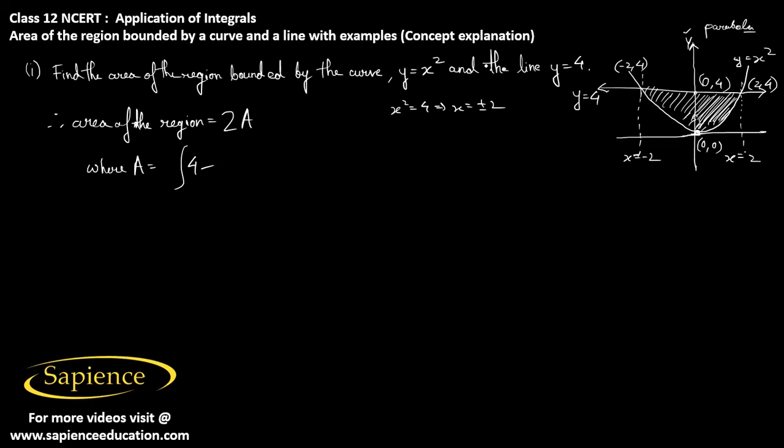So it is the integral of 4 minus x square, since the straight line is above the curve, into dx, and x will go from 0 to 2 here.